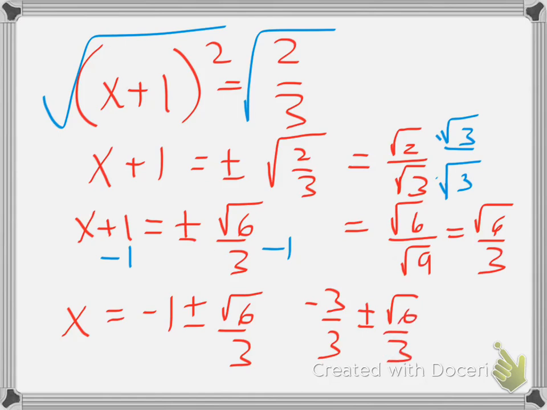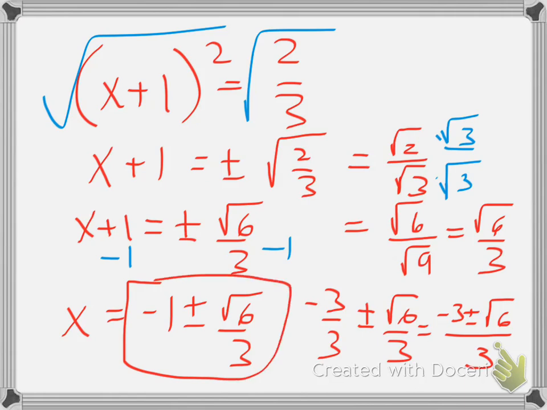Since they have the same denominator now, you could then make it negative 3 plus or minus square root of 6, all over 3, as a single term. Either one are fine answers. Oftentimes it comes down to preference and what is preferred in your particular class.